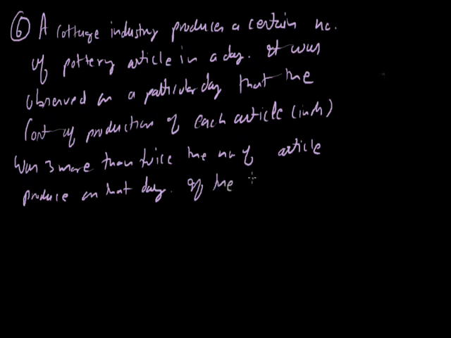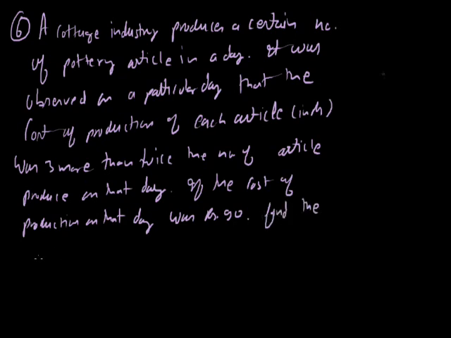If the cost of production on that day was rupees 90, then find the number of articles produced and cost of each article.